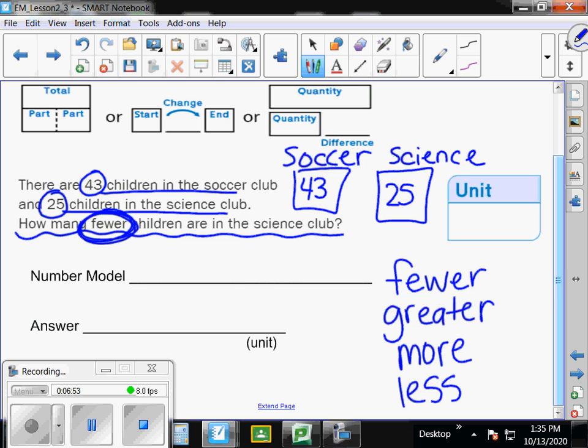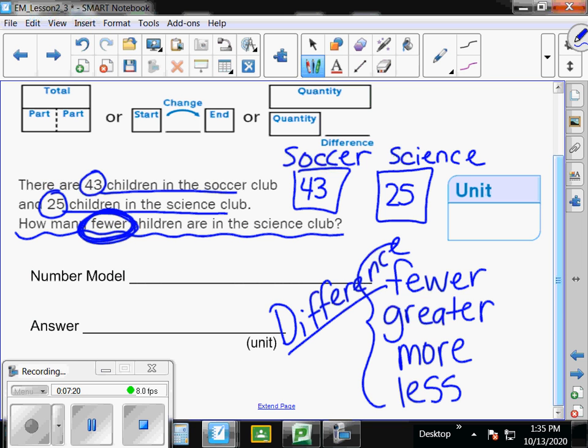You know what I'm doing? I'm finding the difference. And we've talked about this a couple of times. When we are finding the difference between two numbers, what are we doing? We're subtracting. So guys, this is a very big clue word that this is going to be a subtraction problem.